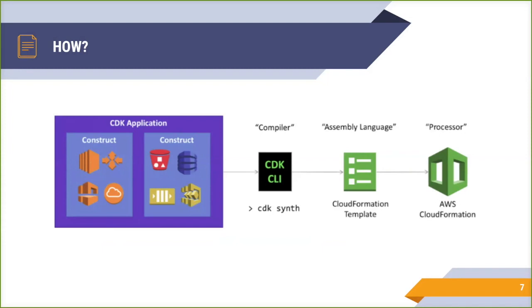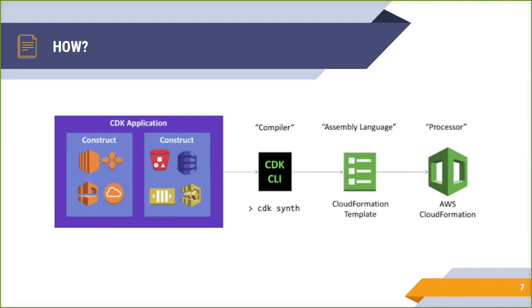So we have this CDK application where we have the actual code. Once we compile this using our CDK CLI, it converts this into a CloudFormation template. Basically, now with this command, you can see cdk synth. We can see that in the demo as well.